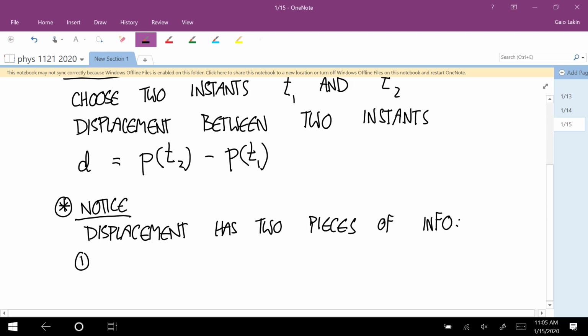The first one is the absolute value of the displacement, the magnitude of it, is the distance between the two locations.